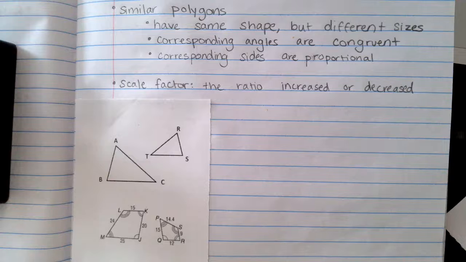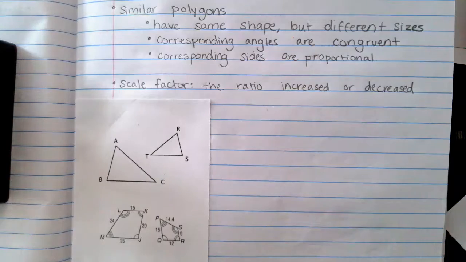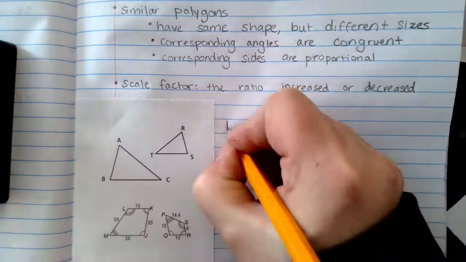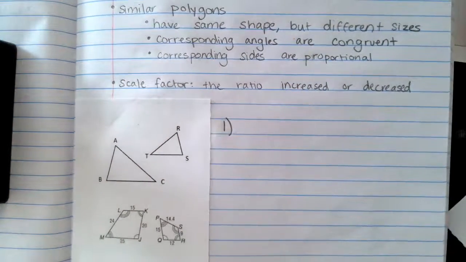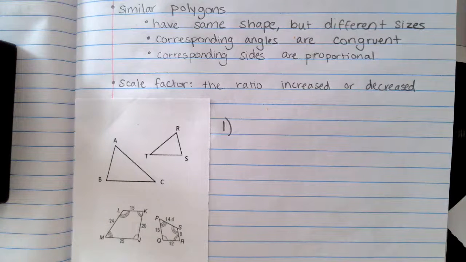Alright, in problem 1, we are going to be given a similarity statement. A similarity statement is really similar to a congruent statement, but instead of using the congruent symbol, we're going to use the similar symbol, which is actually something that we've been doing this whole time. It's a part of the congruent symbol. We just don't use it for the whole thing. Okay?